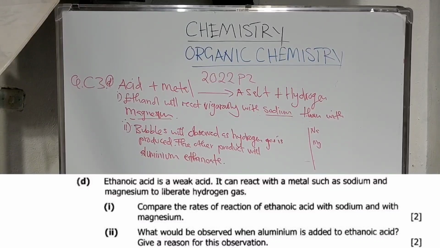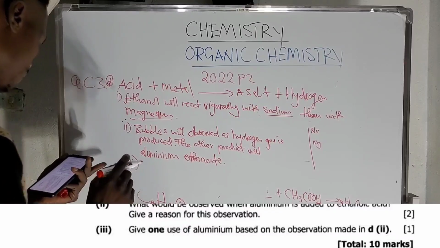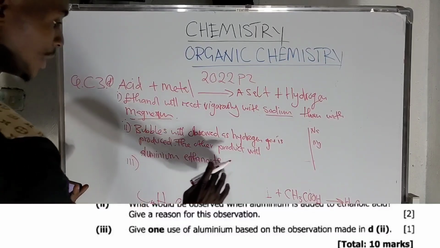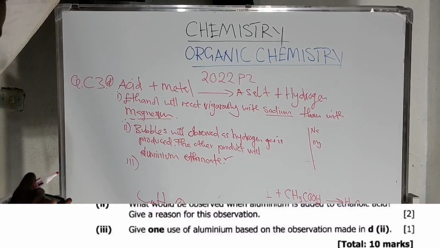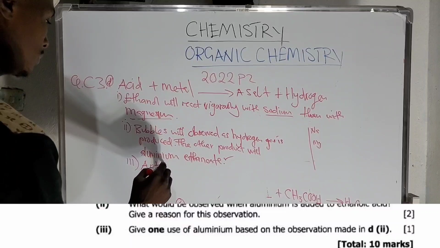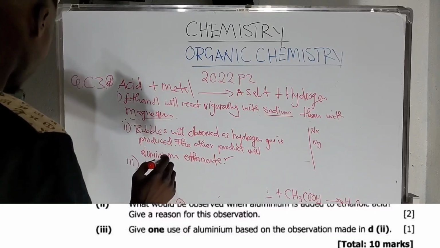Okay. Then the other question, 3, is give one use of aluminum ethanoate based on the observation made in D. Aluminum ethanoate is used in the manufacture of antiperspirant.